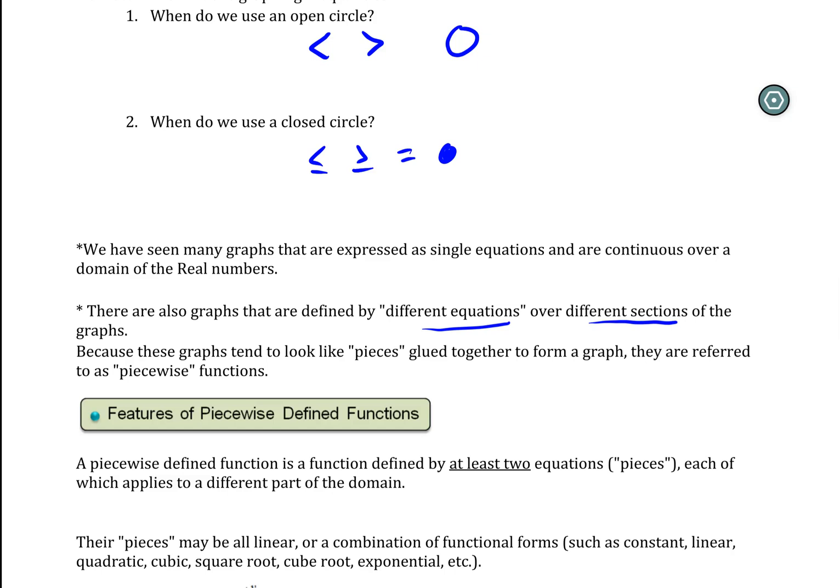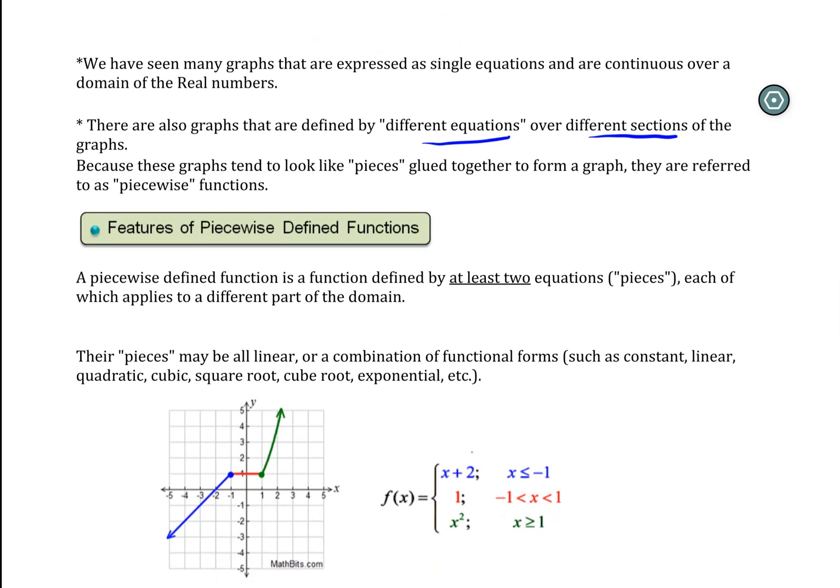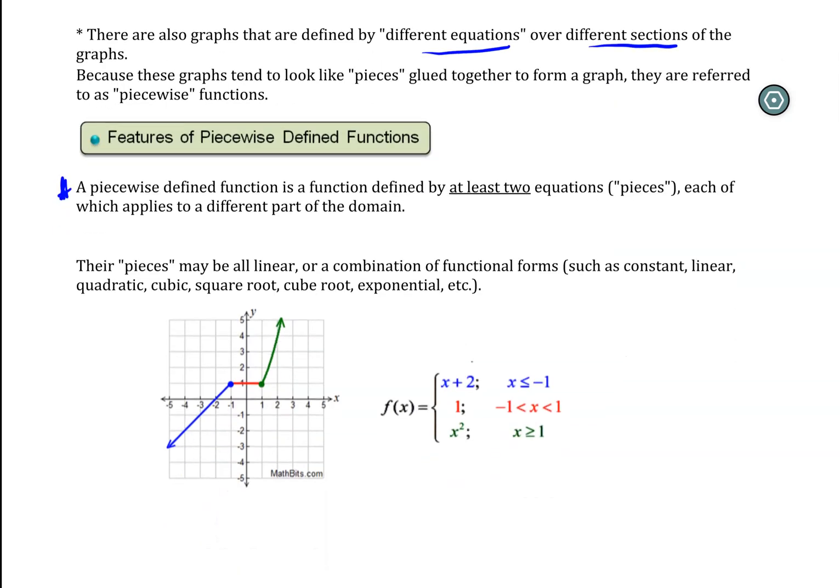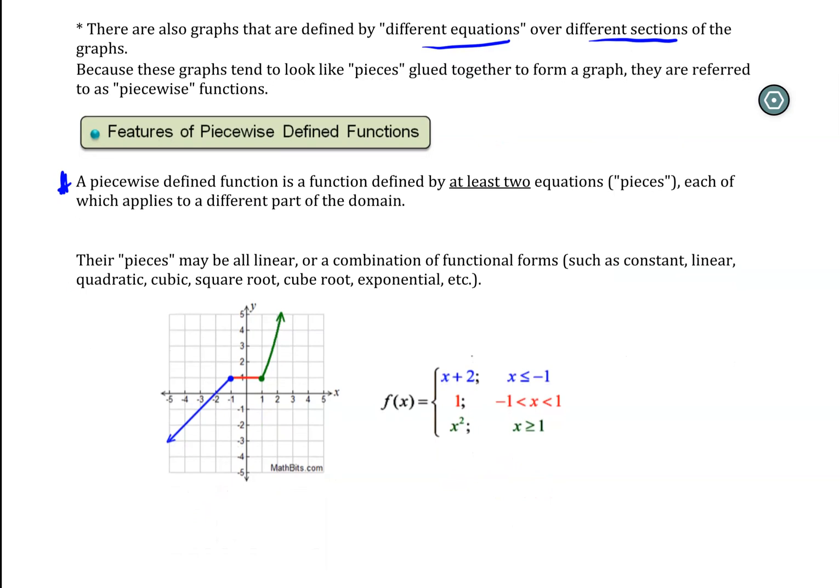Because the graphs tend to look like pieces of graphs stuck together, it's referred to as a piecewise function. Key thing here is a piecewise defined function is a function defined by at least two equations or pieces, each of which applies to a different part of the domain. So that's an important aspect to make sure you know. You have to have at least two pieces.